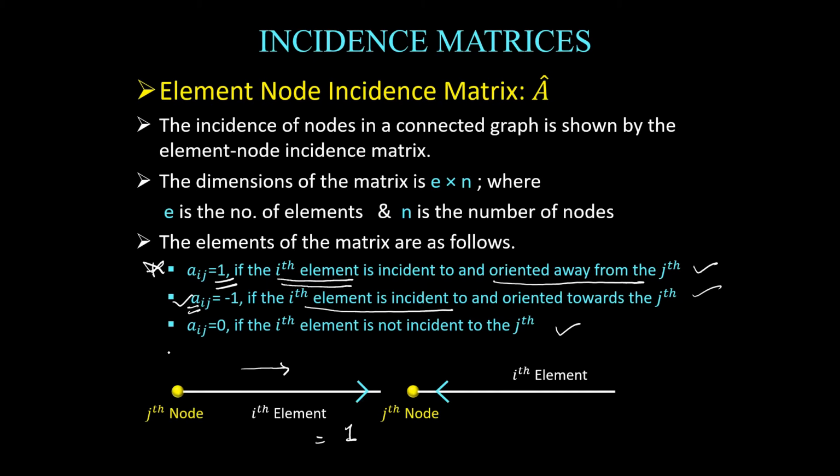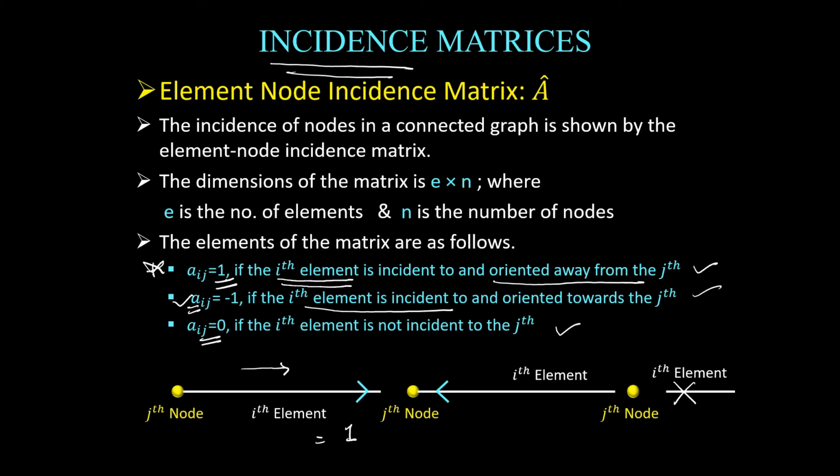Now coming to the third point, if you consider a jth node and an ith element, if it is not incident to this jth node at all, then that value will be absolutely equal to 0. We are forming an incidence matrix, which means if there is any meeting or connection between the transmission line and a bus or the node, then only that will carry the value 1, either plus or minus.